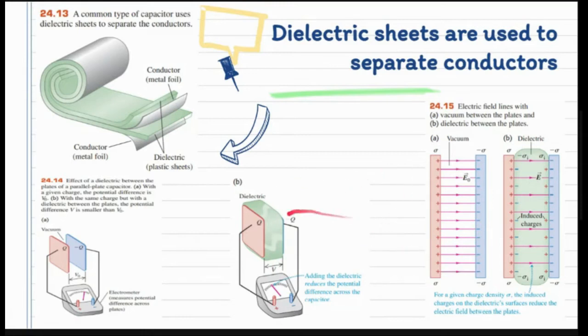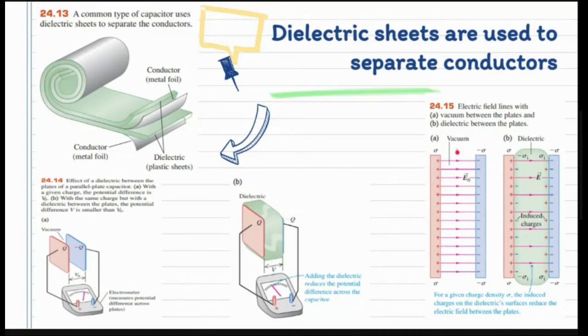Why is that? Because we are reducing the electric field strength. Remember that dielectric materials are non-conducting materials, so what will happen is that they allow the process of induction, wherein there would be a polarization of electric charges. So the electric charges inside the dielectric material will become polarized, or will reposition themselves to pair with the other electric charges.